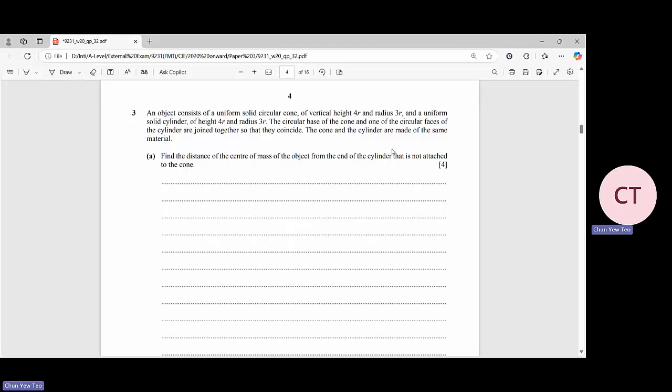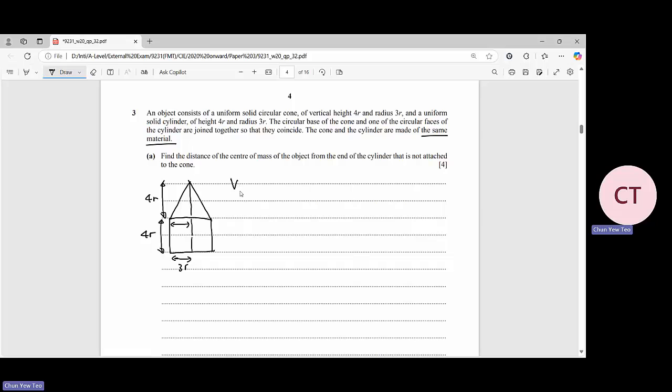So over here they mentioned that they are made from the same material. So the diagram looks like this. I just write down the cross sections only. So this is 4r, this is 4r, this is 3r, it's also 3r.